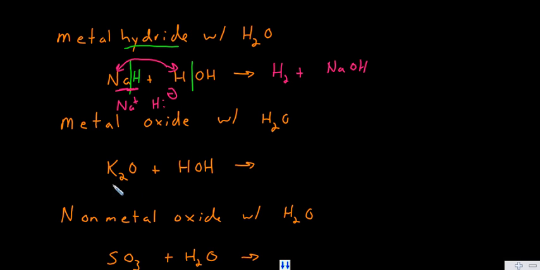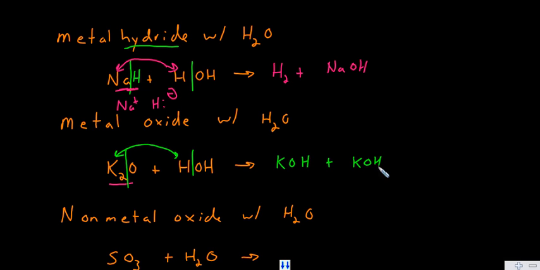Fairly similar actually is reacting metal oxides with water. So say potassium oxide. So again, you switch a cation, what is positive, with what is relatively positive, and so on that only releases one of those potassiums. You get one potassium left, and now an O with an H, KOH, and you'll get a K and then an OH.